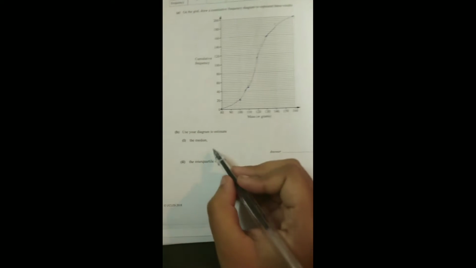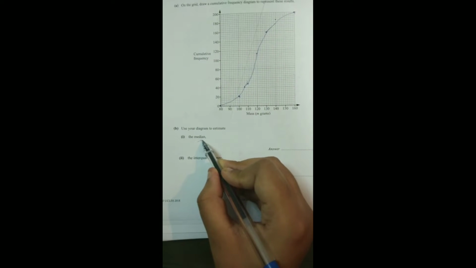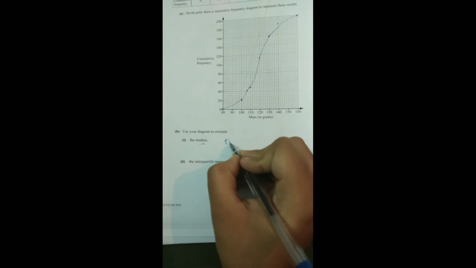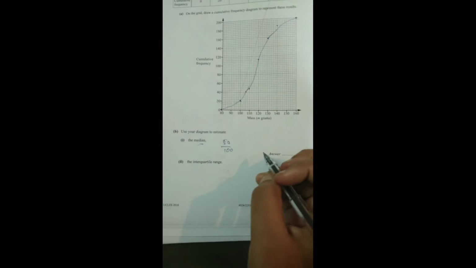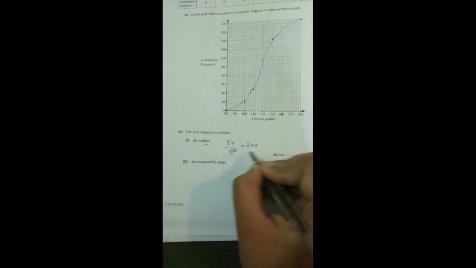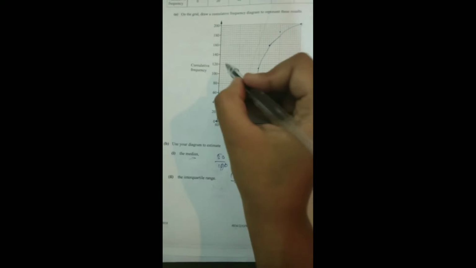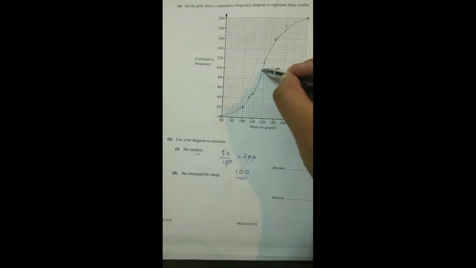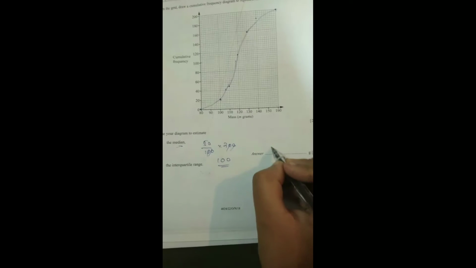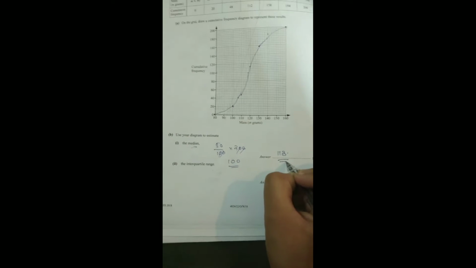Median means the middle value, that would be 50% of the whole readings. That is 200 cut in half, and we get 100. Means at the point 100, what is the reading on the graph? That is approximately 118. So we will take it as 118.